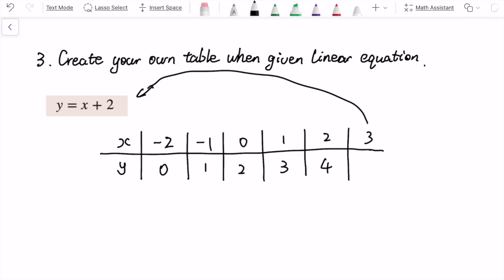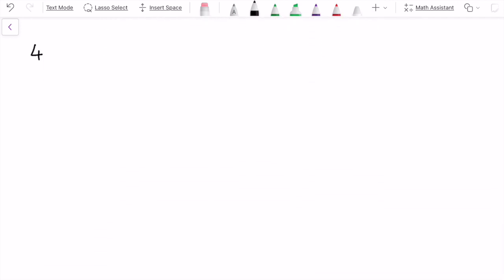Last, you are going to put number 3 into this equation. So y equals 3 plus 2. Then y equals 5. You put 5 into this box. So that's the number 3 skill.